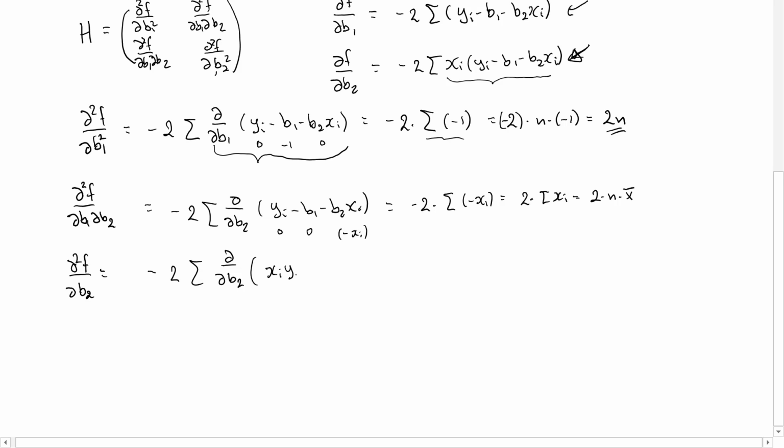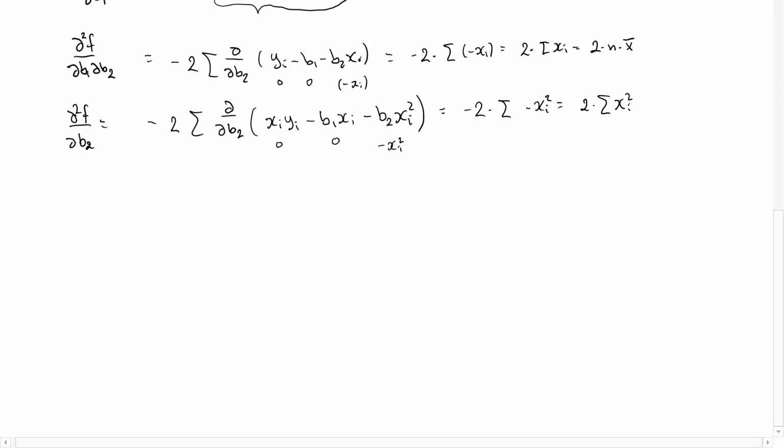So d/db2 of xi yi minus b1 xi minus b2 xi squared. With respect to this one, I get 0, and with respect to this one, I get minus xi squared. So the whole thing is -2 times summation minus xi squared, which is 2 times summation xi squared.